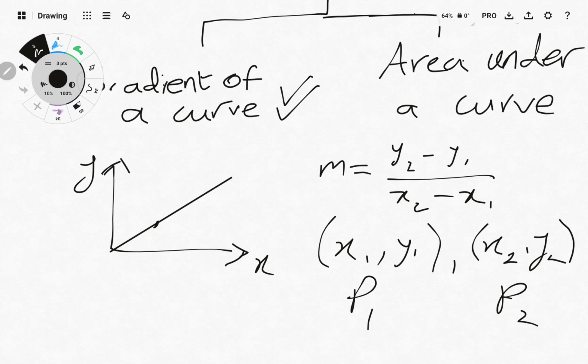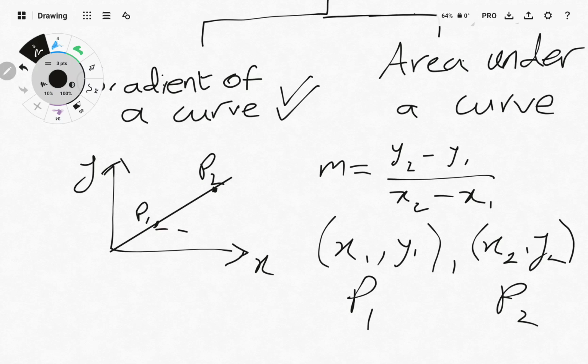So let's say this point over here is P1 and this point over here is P2. So what we actually do is we take the y coordinate of P2 and subtract from it the y coordinate of P1 and do the same thing with the x's and divide both. So what we end up getting is like a rise over run.